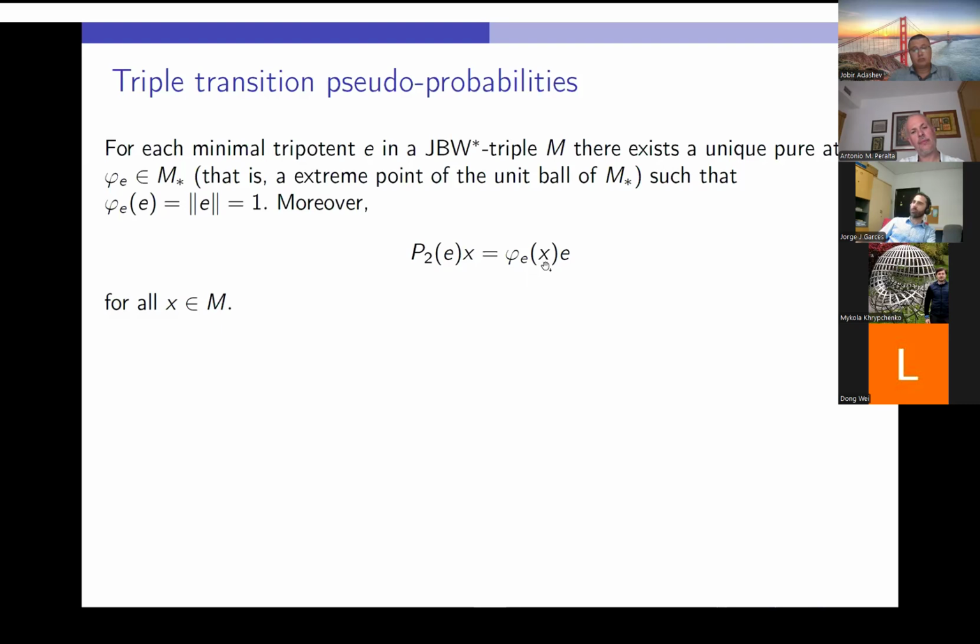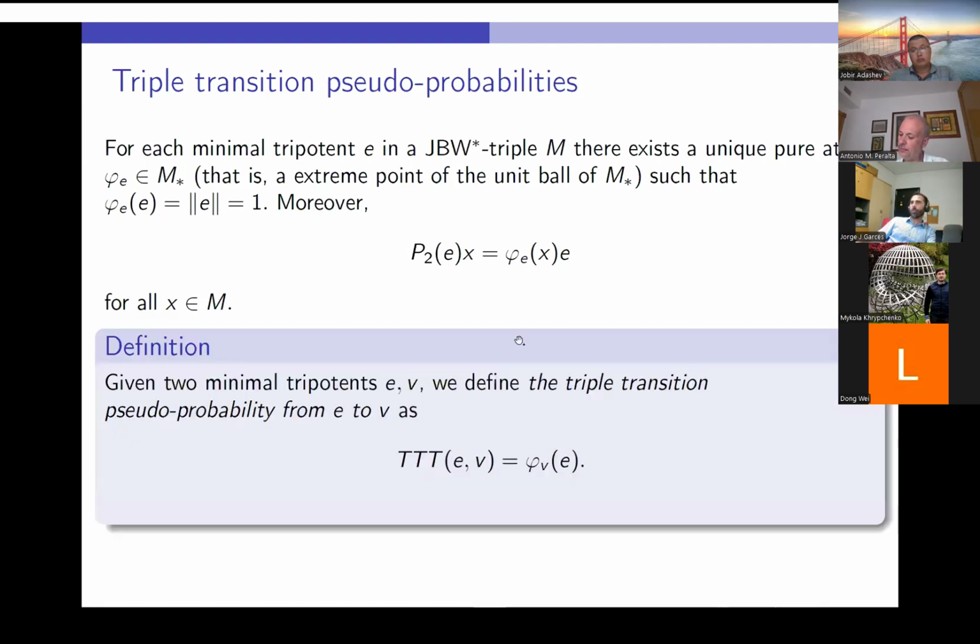And this is a very nice thing because this is saying that, well, I'm not going to give details, but that this here on the right hand side is a truncation of x. So that's what we use about triple transition probabilities. Well, I have not defined triple transition probabilities, right?